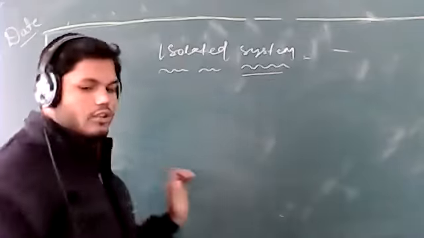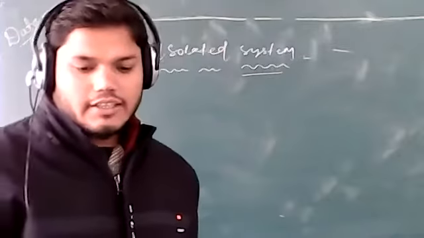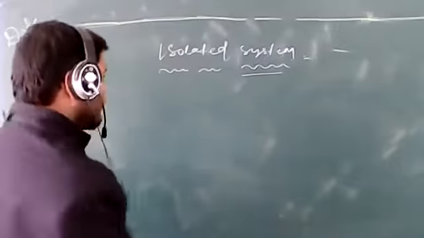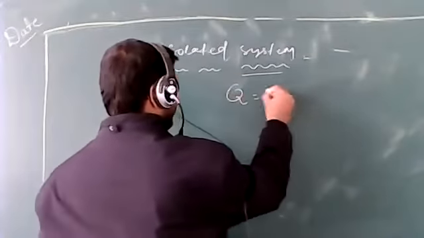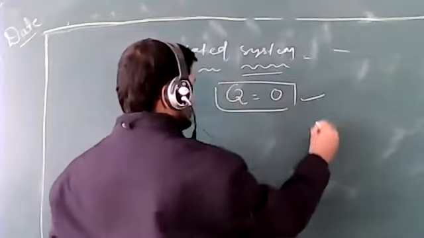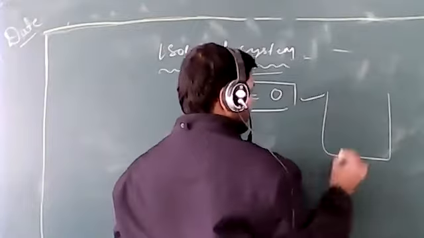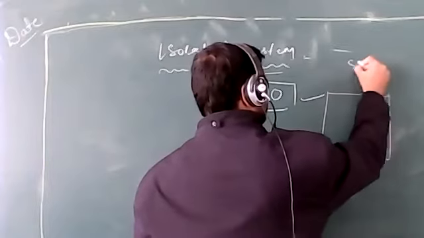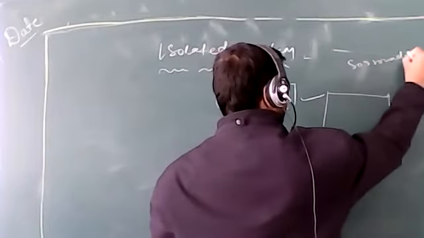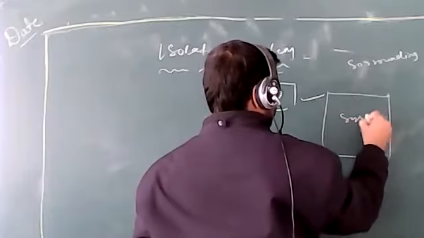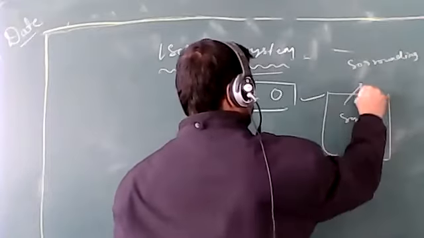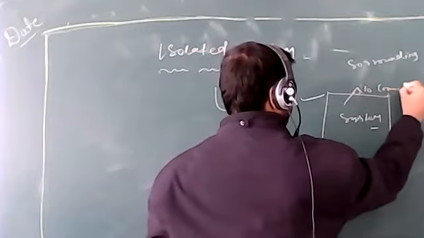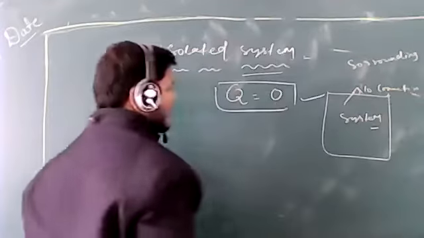Okay, in this particular system what will happen? Whatever heat we have supplied, that means Q will be 0. The heat cannot enter the system if the system is separate from the surroundings, with no connection between the system and the surroundings.